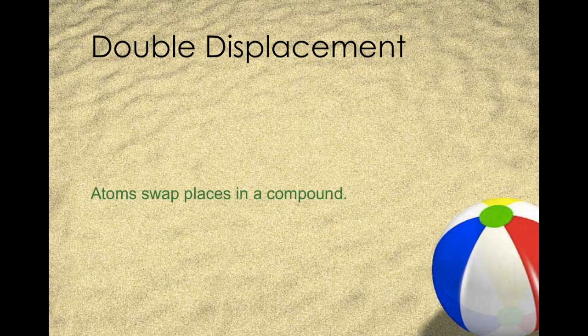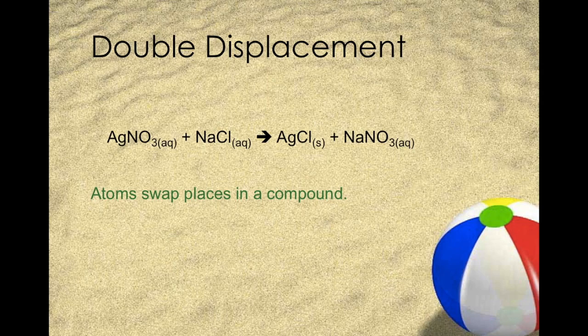We also have double displacement reactions, and these are reactions in which atoms swap places in two different compounds. For example, if we have AgNO3 and NaCl, so that's silver nitrate and sodium chloride, the silver and the sodium can swap places, so we end up with AgCl and NaNO3, or sodium nitrate.